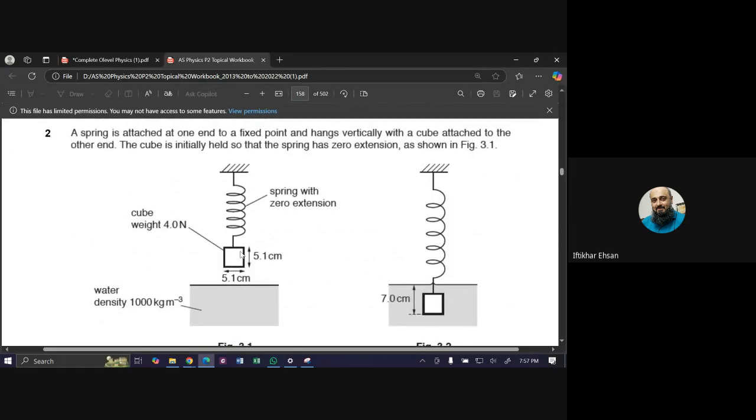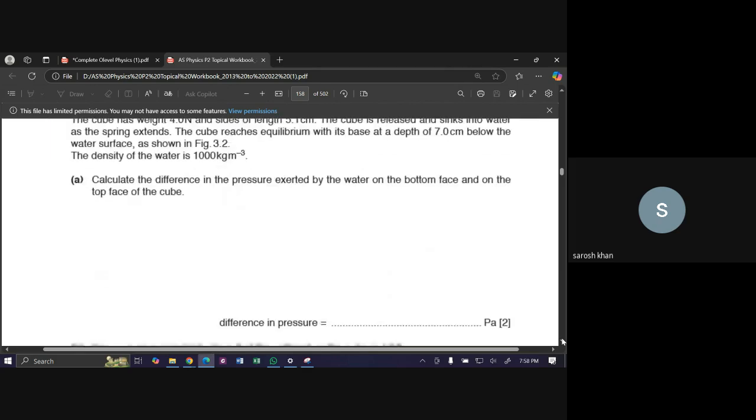So, the initial acceleration will be caused by the weight. And was there any force? Spring has zero extension. It means initially there was no extension, and the only force moving it downward was this. So then its acceleration was only caused by gravity.